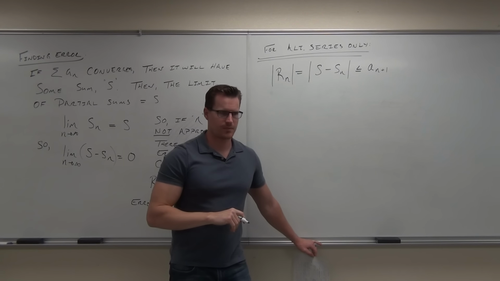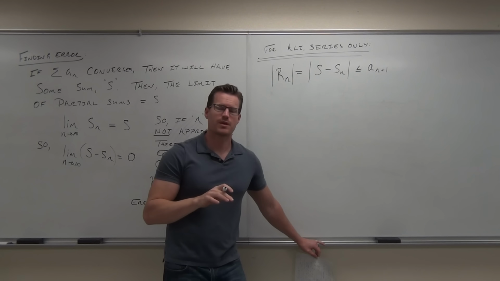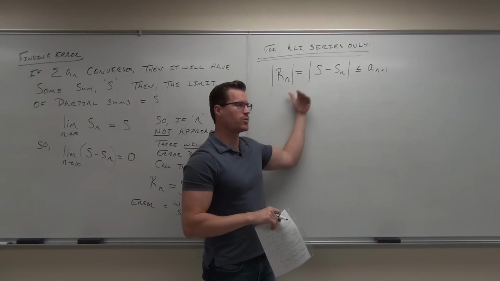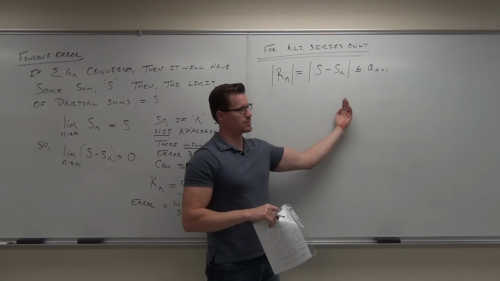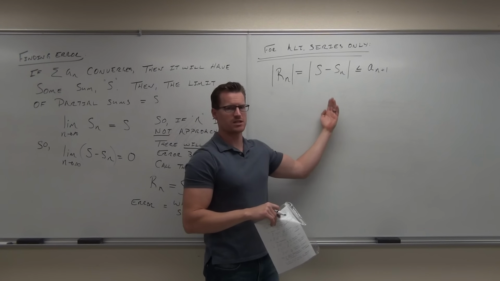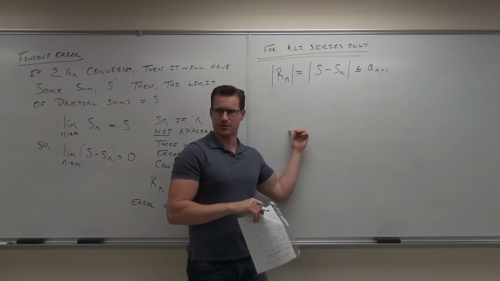Always. Now, some of you are probably thinking, oh yeah, that makes sense. Some of you are like, what in the world are you even talking about? A sub n plus 1, think about this for a second. S sub n would be the sum when you stop at the nth term. Does that make sense? It says, go a sub 1, a sub 2, a sub 3, a sub 4, a sub 5, a sub 6, a sub 7, a sub n, and add them all together.